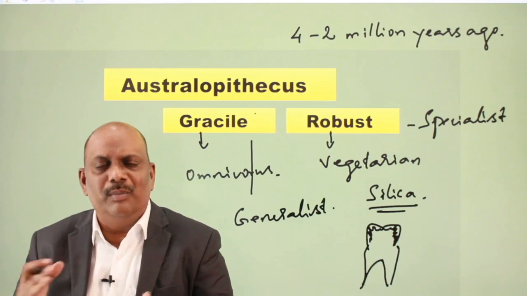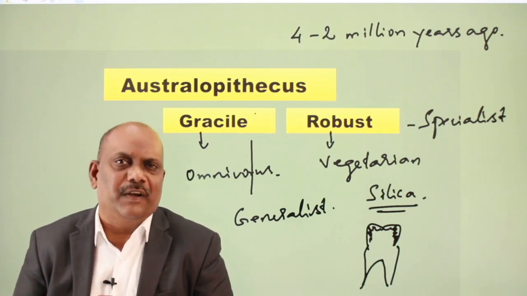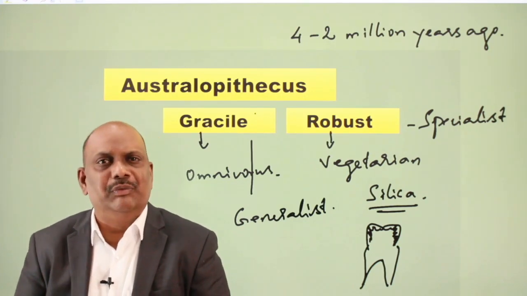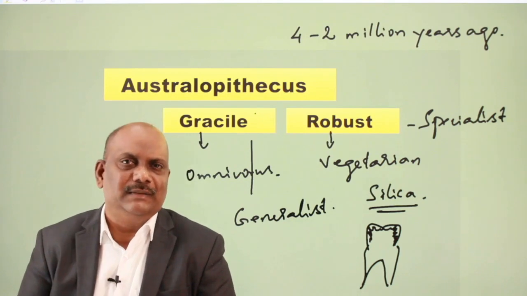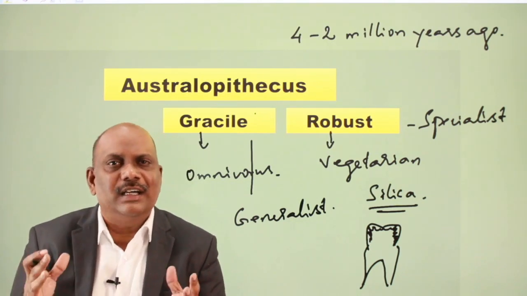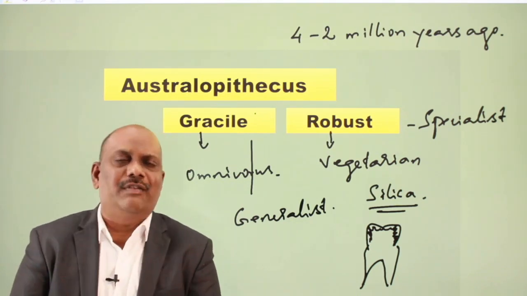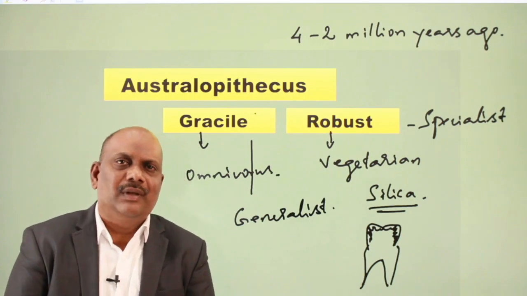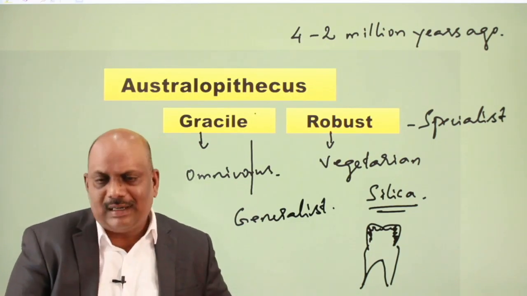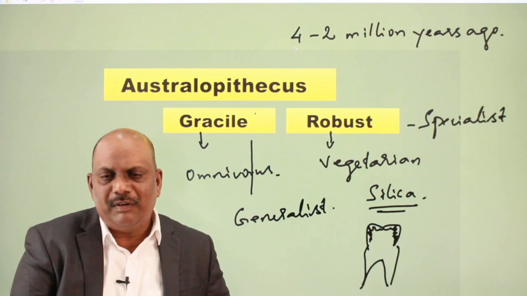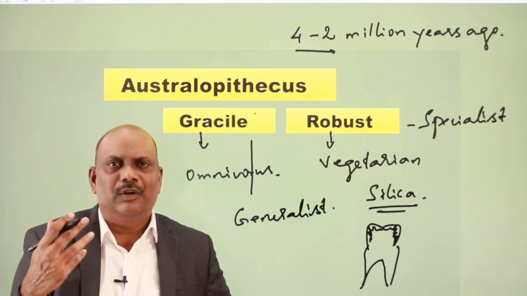Along with that, robust were gigantic. They are large and massive when compared to gracile. Gracile is a short and slender form of Australopithecus. So I told you that the Australopithecus lived somewhere between 4 to 2 million years ago.